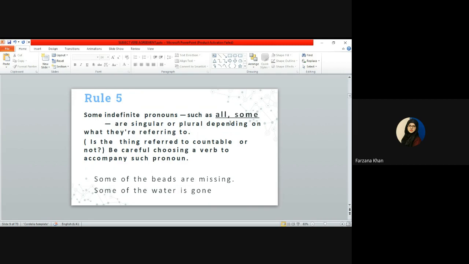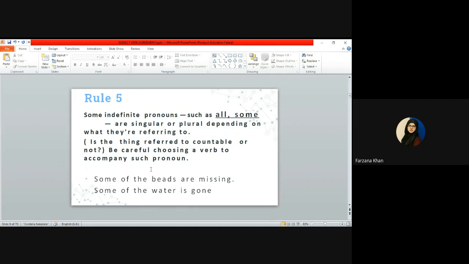They usually refer to a noun which can be a countable noun or an uncountable noun. What you need to keep in your mind is what basically these are referring to. If they are referring to a countable noun, then you will go for a plural verb. If all and some are referring to an uncountable noun, then you will go for a singular verb.